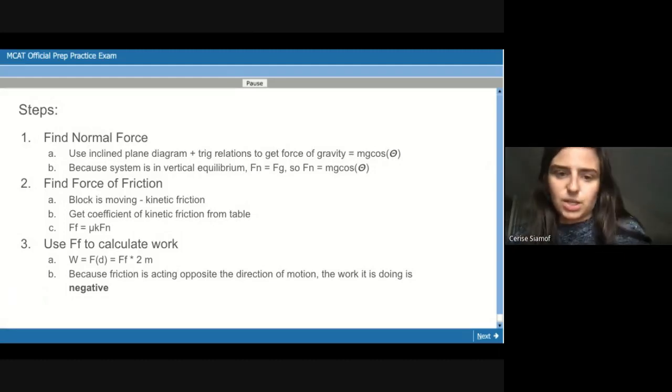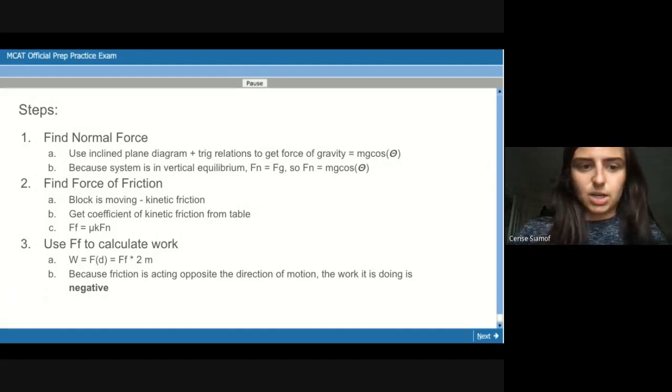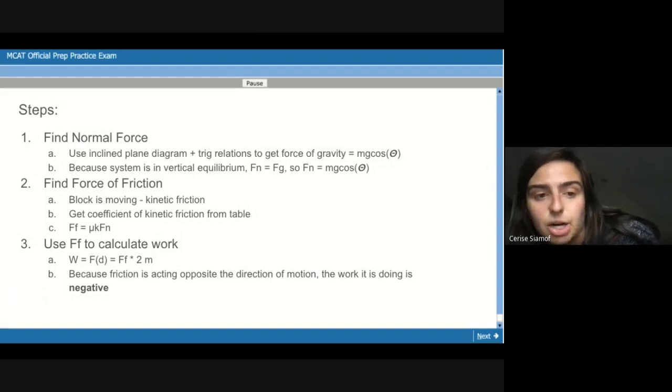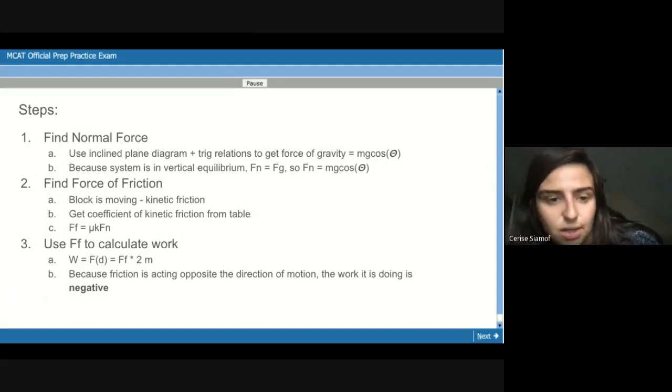So the first thing that you need to do is find the normal force. You can use the inclined plane diagram that's given to you and trig relations to get that the force of gravity perpendicular to the plane should be mg cosine theta.